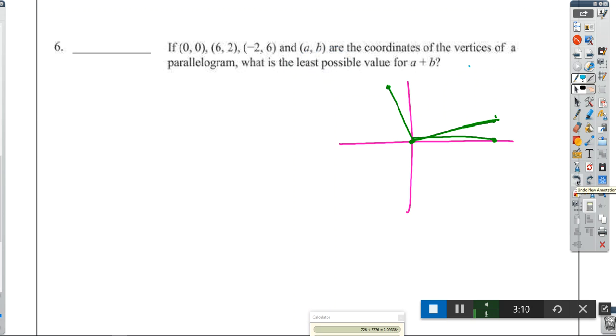So I also know, put my dots back in. I also realize that I could put my shape like this, and I could go for this point here.